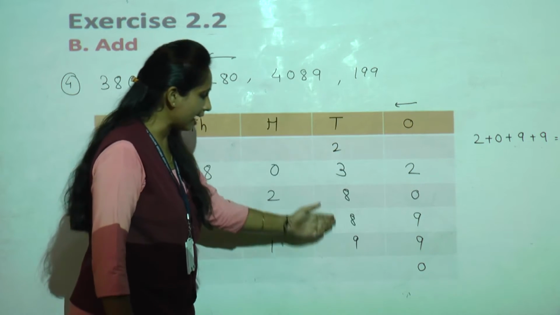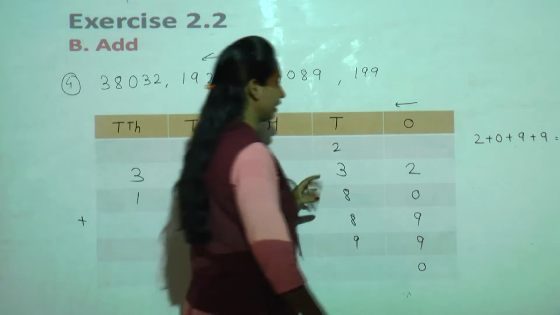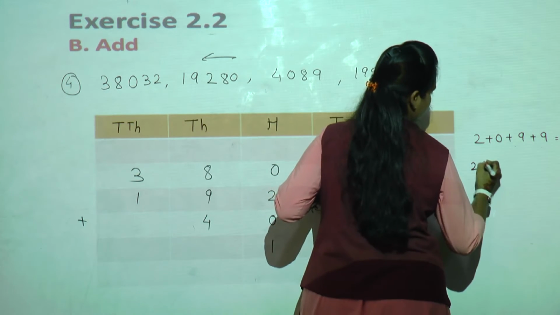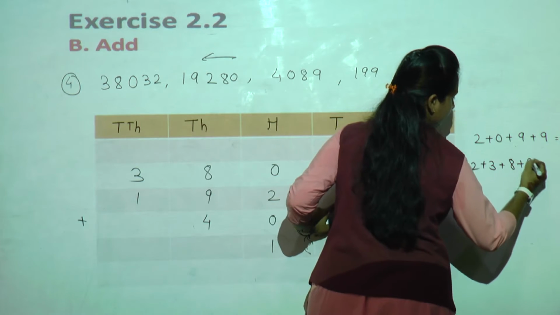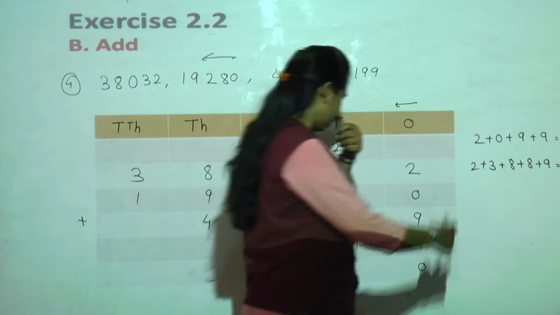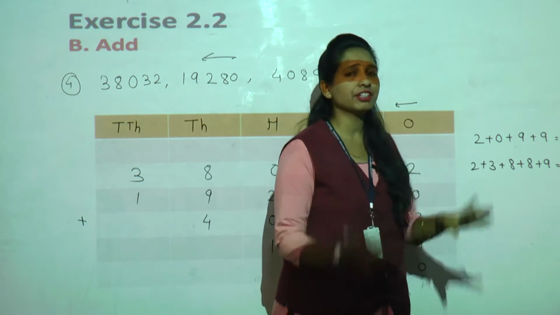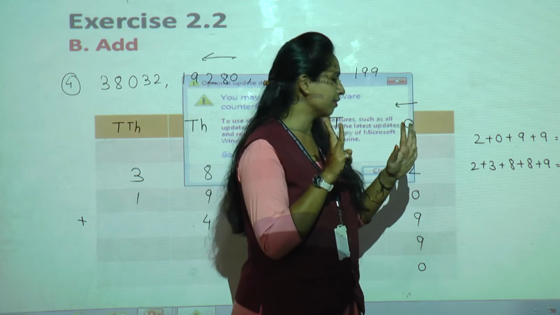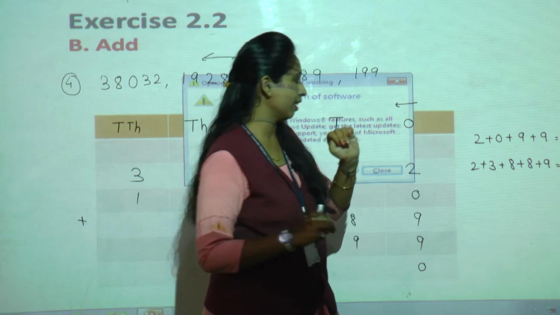Now we have to add in the next tens value including carry also. So I'll write here 2 plus 3 plus 8 plus 8 plus 9. Okay. Now see, 2 plus 3 is 5. Now 5 after 8. Count after 5: 6, 7, 8, 9, 10, 11, 12, 13.